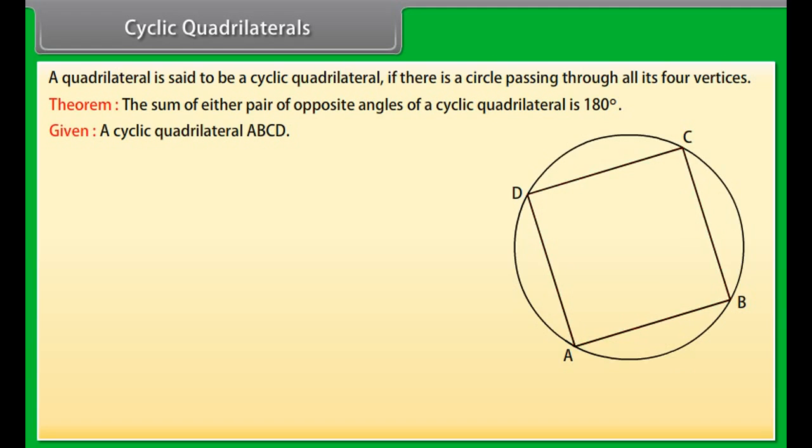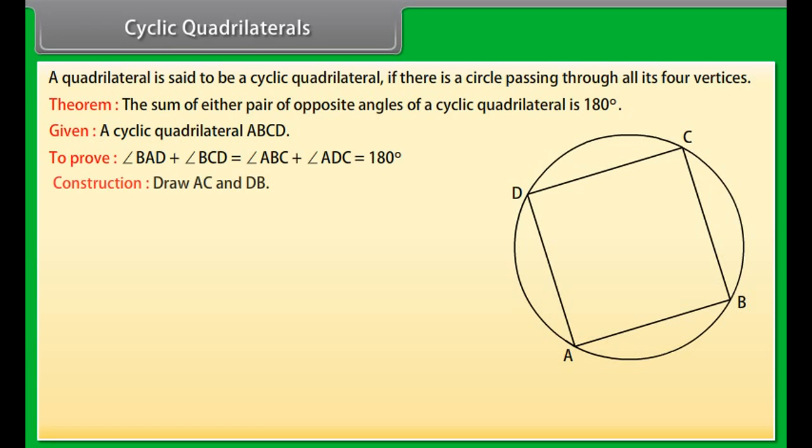Given a cyclic quadrilateral ABCD. To prove: angle BAD plus angle BCD is equal to angle ABC plus angle ADC, which equals 180 degrees.